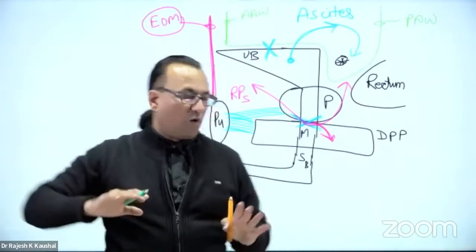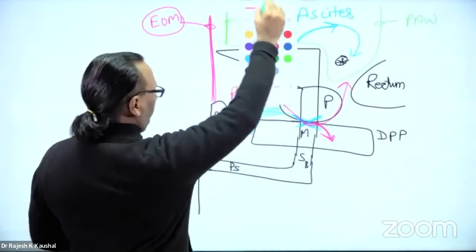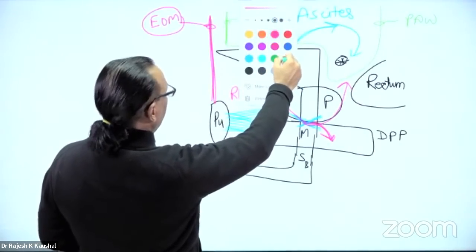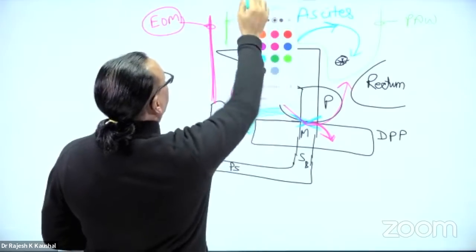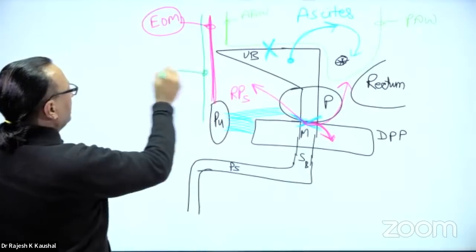Now let us move on to the detail of the fascia. We have discussed one fascia, and let us take some other color, this color. Which fascia were we talking about? Anterior abdominal wall, Scarpa's fascia.